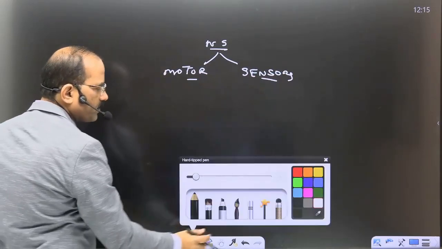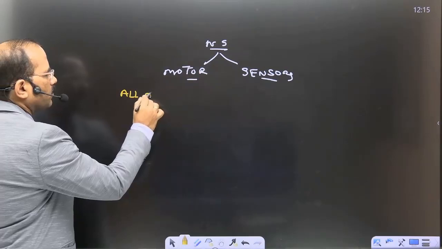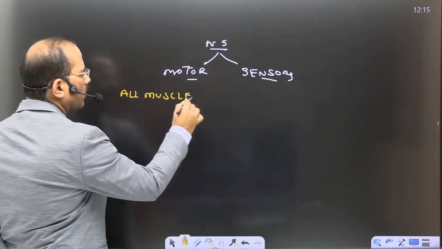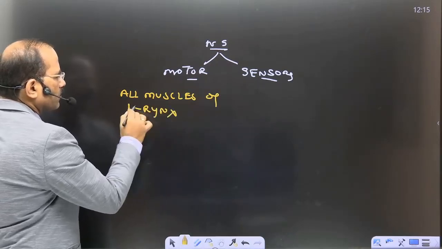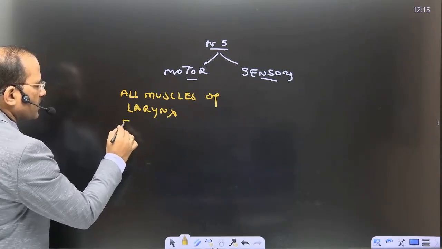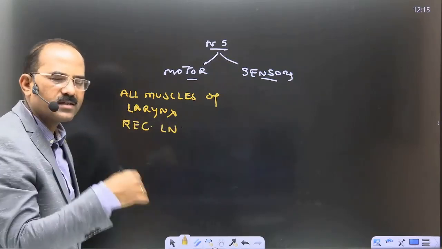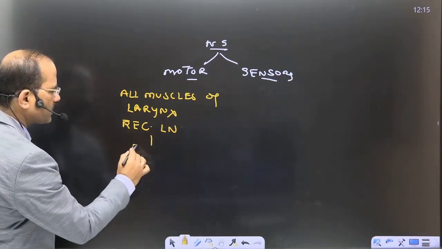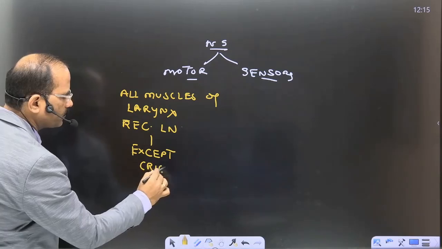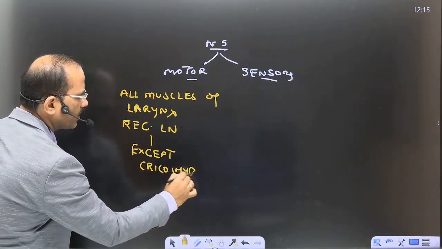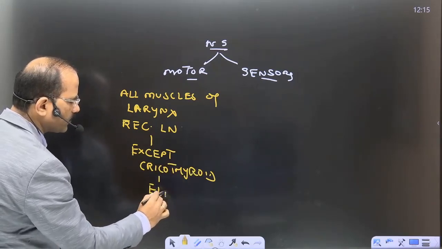Tell me, motor nerve supply. All the muscles of the larynx are supplied by recurrent laryngeal nerve except cricothyroid, which is supplied by external laryngeal nerve.